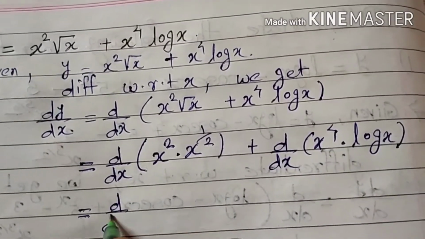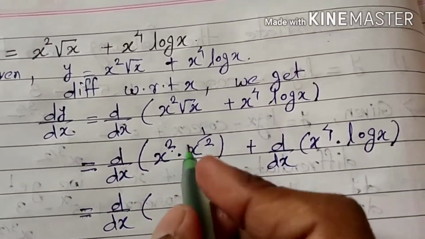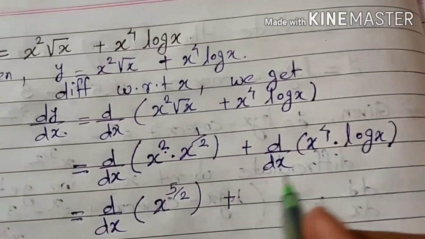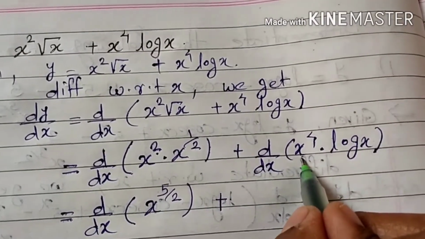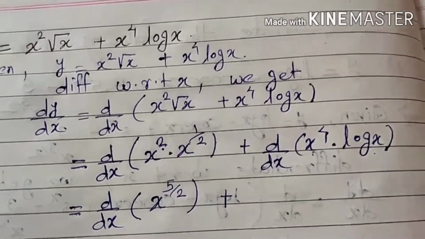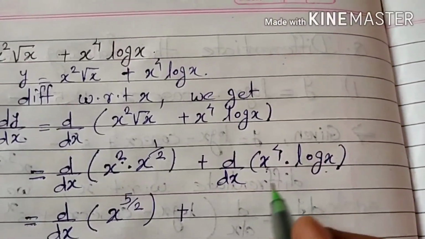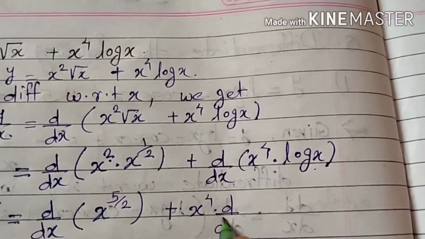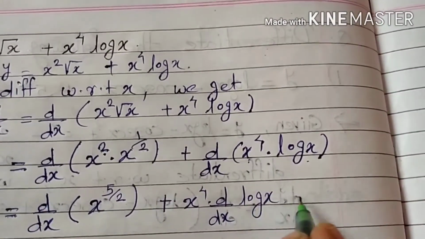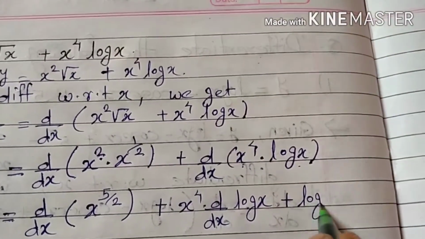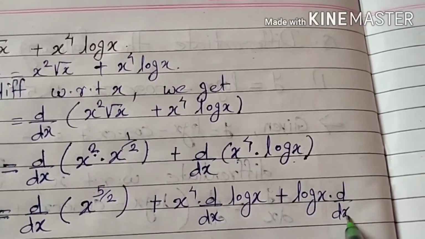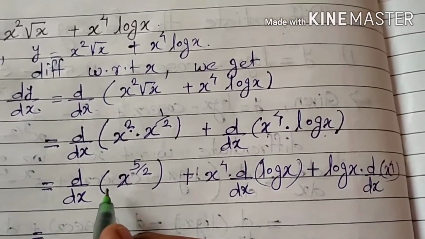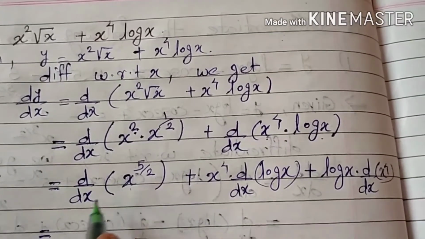So here derivative of 2 into 2 4, 4 plus 1 5, so x raised to 5 upon 2, and plus here we use product rule, this is u and this is v, so u as it is and derivative of v, so x raised to 4 into d by dx of log x plus log x as it is into d by dx of x raised to 4. So here derivative of x raised to n is n, x raised to n minus 1.